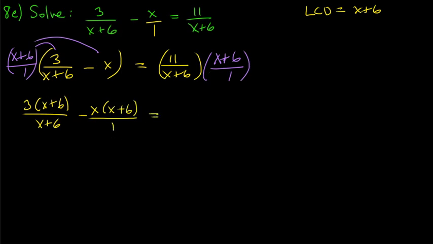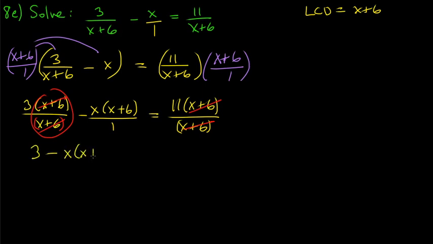On the right side, well, this is not necessary, but you can write this as 11 times x plus 6 over x plus 6. It's just that the x plus 6 cancels here, and it does over here as well on the left. So we're left with 3 minus x times x plus 6 equals 11.